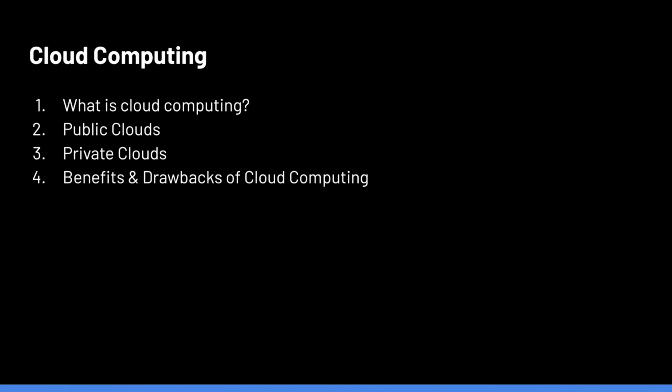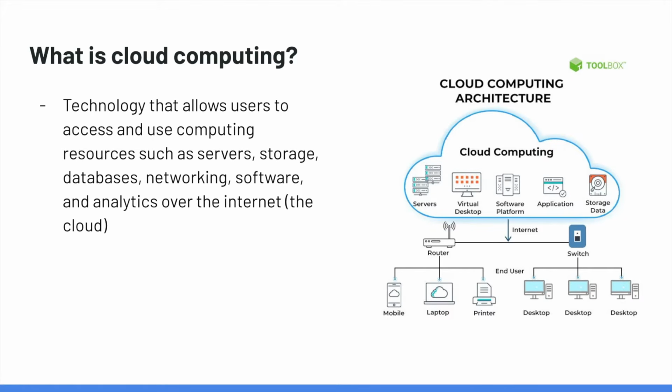And that brings us to our next topic, which is cloud computing. Now, cloud computing is basic technology that allows users to access and use computing resources such as servers, storage, databases, networking, software, and analytics over the internet. So a cloud computing tool is usually something we can access over the internet from our web browser.